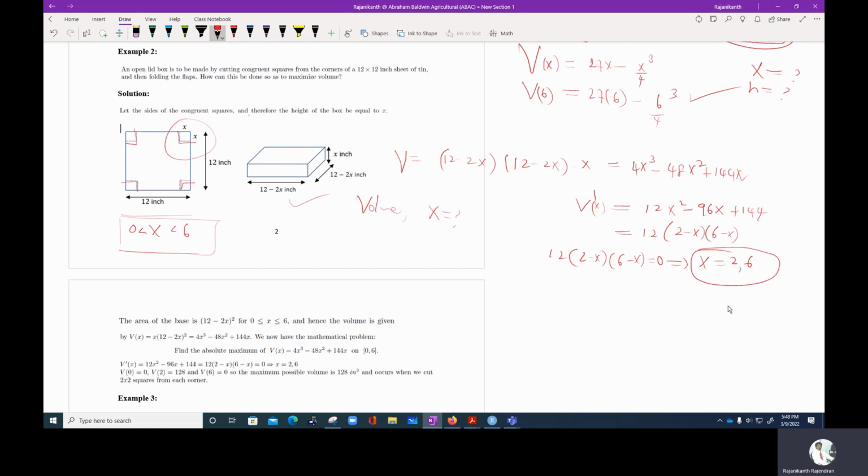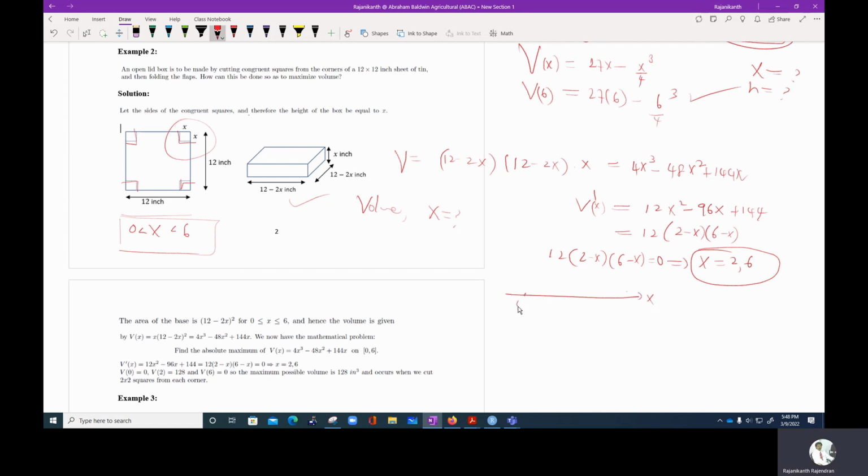Now we don't know which point will give you the max and which one is giving the minimum. You have to find out. So you could use either the second derivative test or the first derivative test you studied to find the relative max and minimum. This is my possible x values.